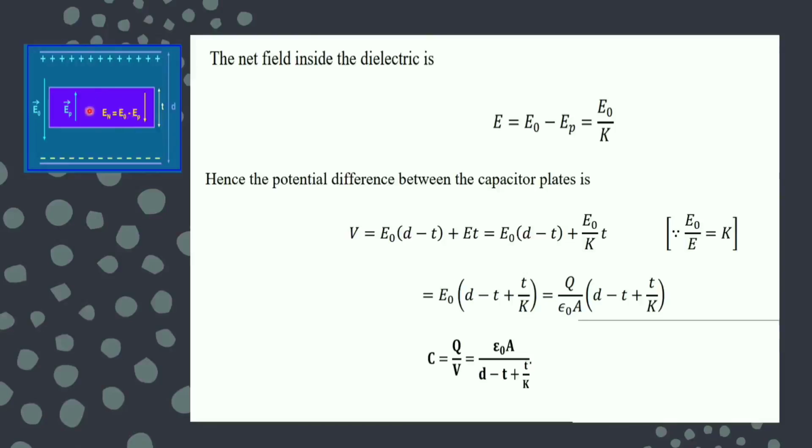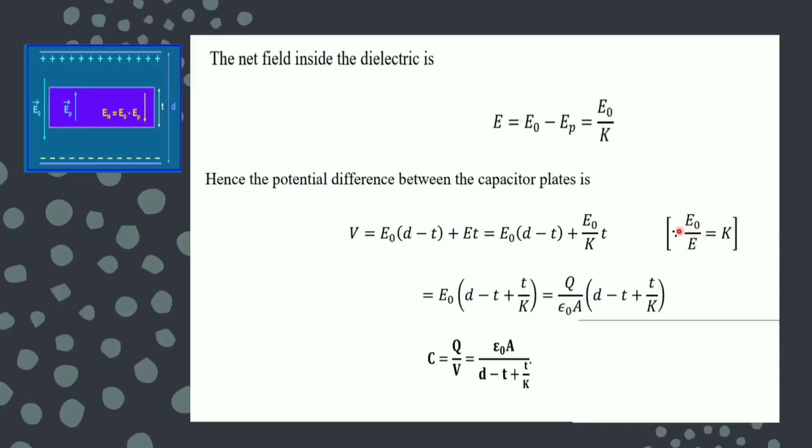It means E net, which equals E naught minus EP, and in terms of the dielectric constant K, it can be written as E naught upon K, because we have already written the definition of the dielectric constant K, which equals E naught upon E. So for a dielectric, this is the formula from my previous knowledge, which is the electric field in vacuum divided by the electric field in the medium.